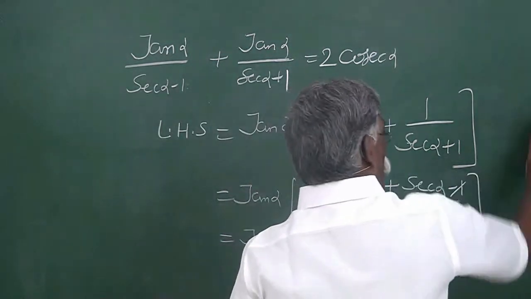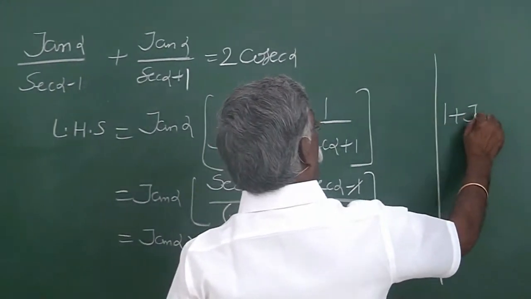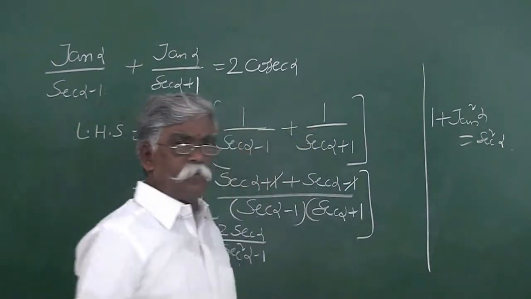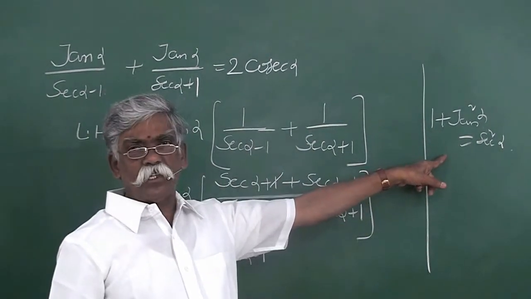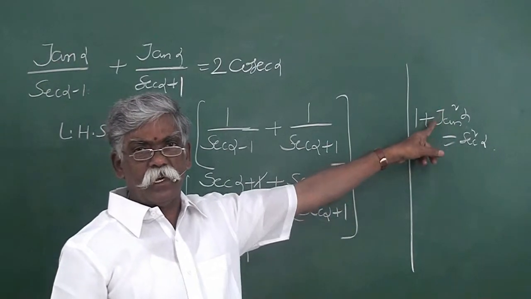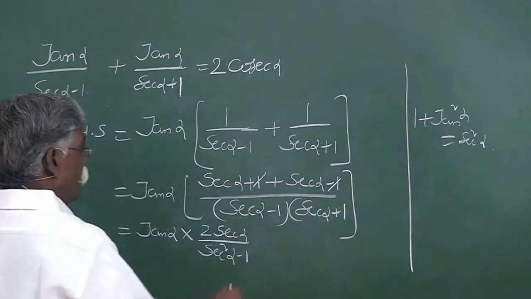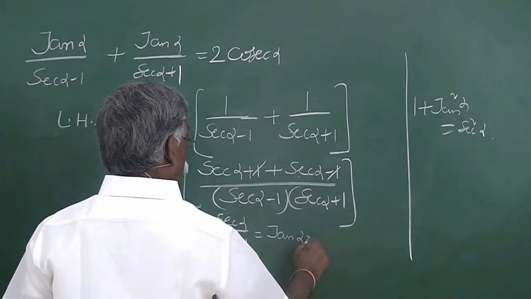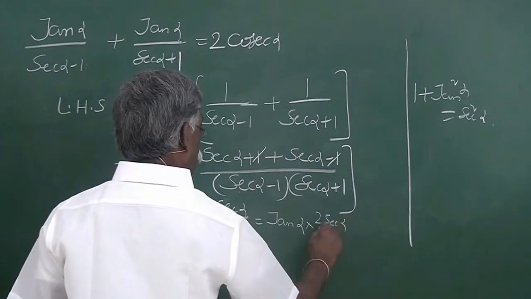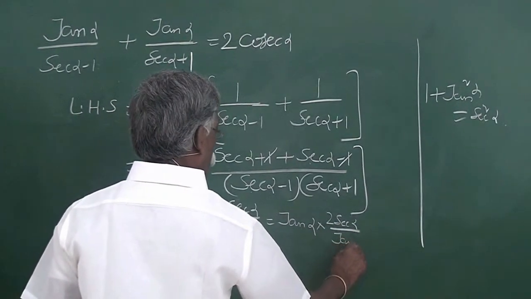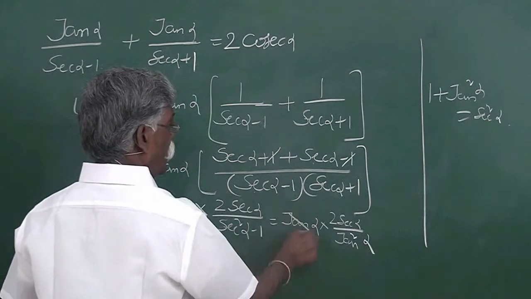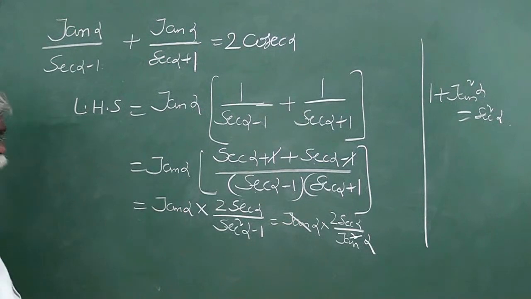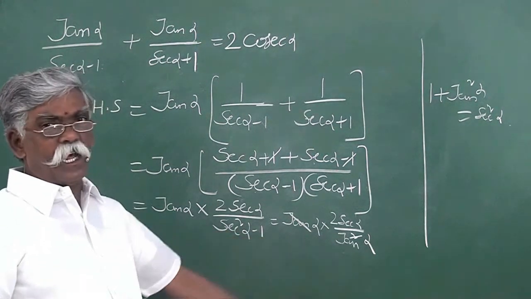But we know that 1 plus tan square alpha is secant square alpha. Therefore, secant square alpha minus 1 is nothing but tan square alpha. Therefore, here this is tan alpha and this is 2 secant alpha by tan square alpha. Tan alpha and square get cancelled. So, therefore, we are left with 2 secant alpha by tan alpha.